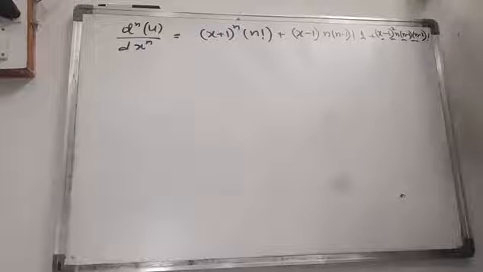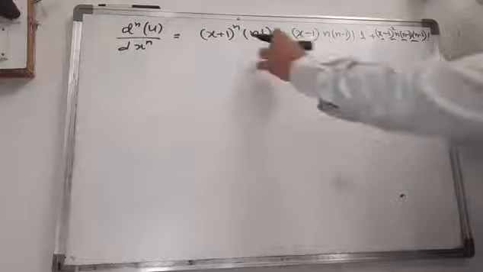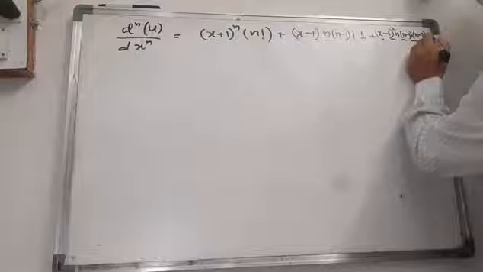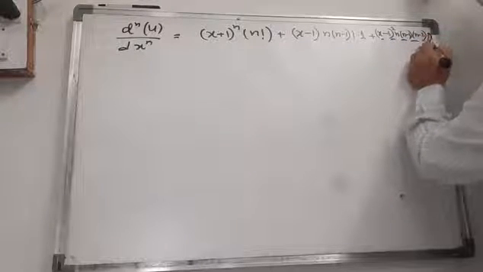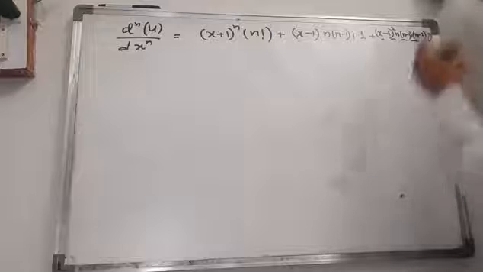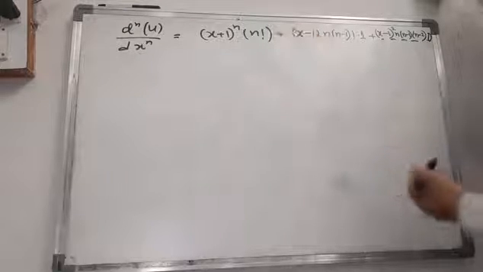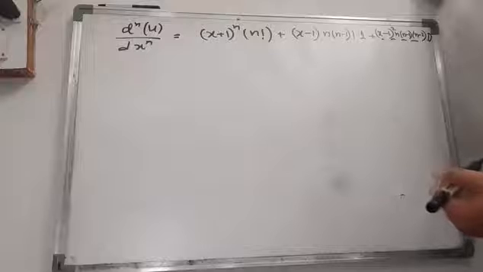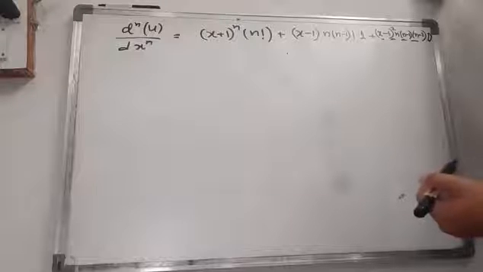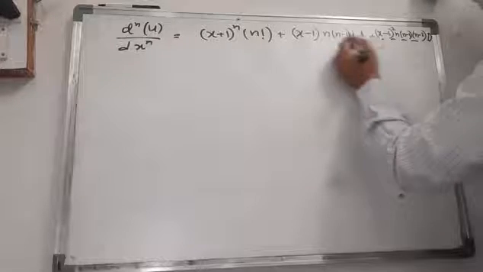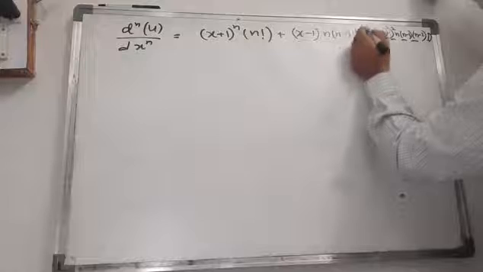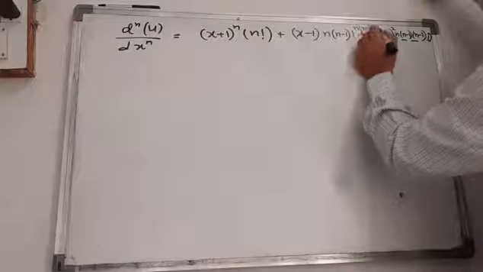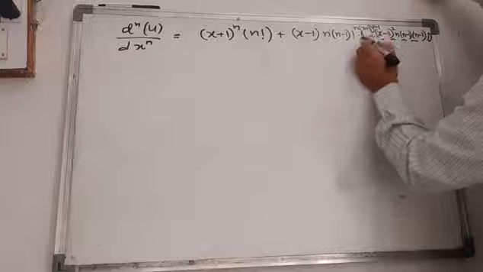Second derivative means how much it will be? Second derivative of this x plus 1 will be into 0, into 0 you will get. So like that it goes on. We are doing a differentiation of x minus 1, yeah, x plus 1, n into x plus 1 whole power n minus 1 into 1 you will get.